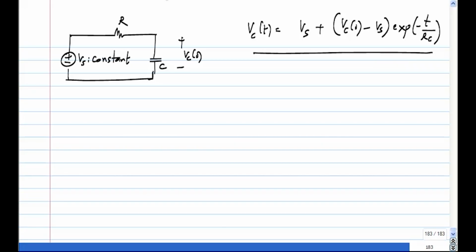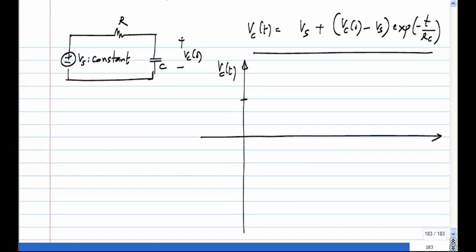So if you plot Vc of t, and let's say Vs is somewhere here, this is the value of Vs. Now, if you start from 0, it will do that. It will never reach it, but only does it asymptotically.